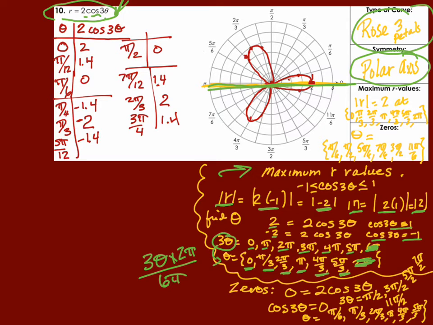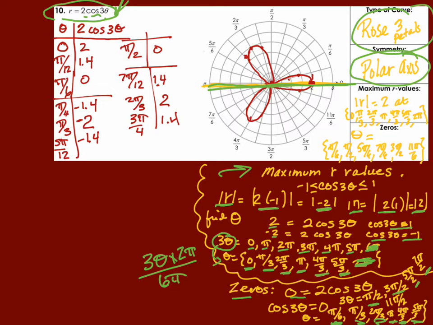Okay, let's find out where our zeros are. Set R equal to 0, and I get cosine equals 0 at pi over 2, 3 pi over 2, and then keep going. You've got to go all the way, 5 pi over 2 to 7 pi over 2, and then dividing each one of those by 3, you get pi over 6, pi over 3, 2 pi over 3, pi, 4 pi over 3, and 5 pi over 3.